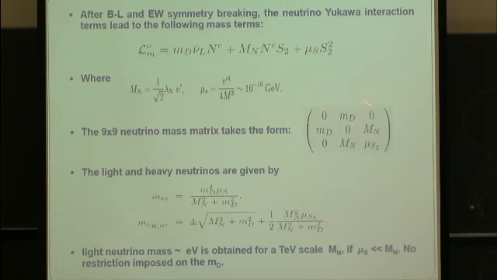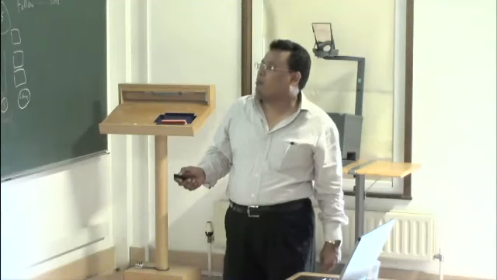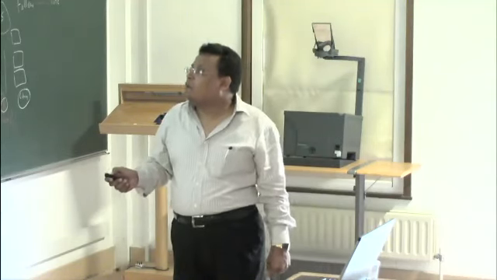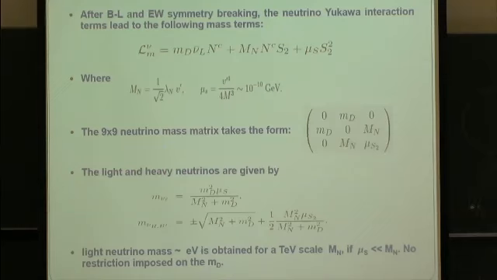Now with this 3 by 3 mass matrix, the light neutrino mass will be essentially m Dirac squared times mu S divided by m N squared. So if mu S is rather small, you can keep m Dirac as large as you want, and still you get a light neutrino mass of order electron volts.